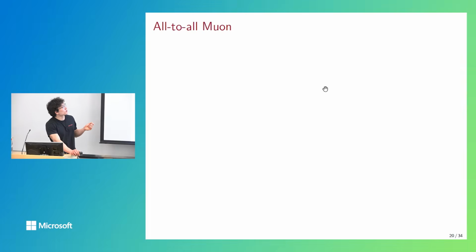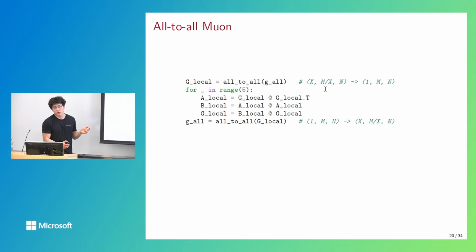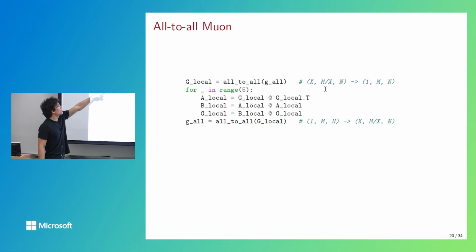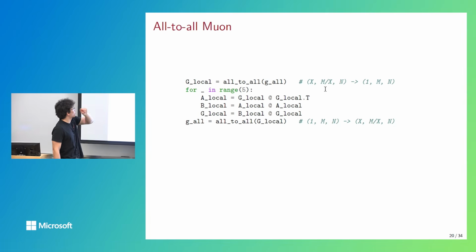So this altogether gives you the all-to-all Muon approach, where you start from the batched shards, lowercase g, and use the all-to-all to reconstruct the full matrix locally, capital G local, and then you can run the Newton-Schultz as if you had the full matrix on each device. And this takes care of different matrices across devices, so computation is evenly sharded across all-to-all ranks.